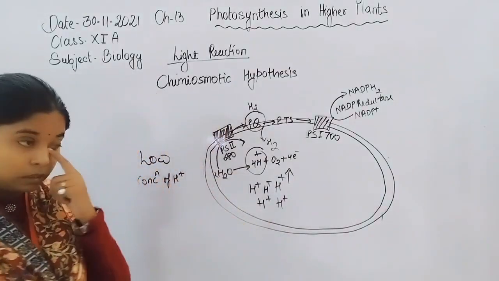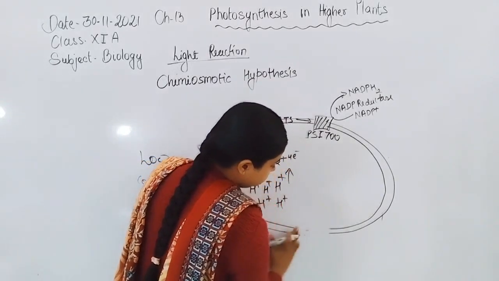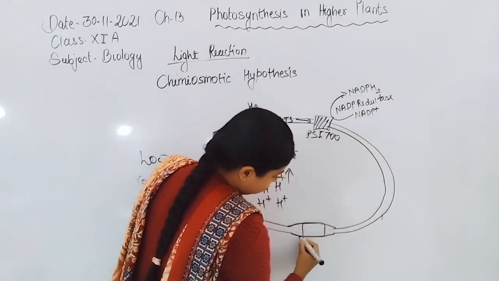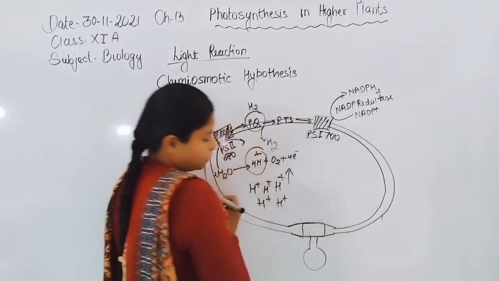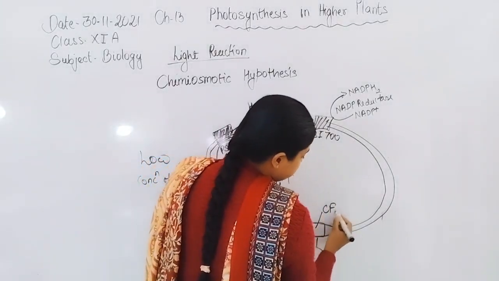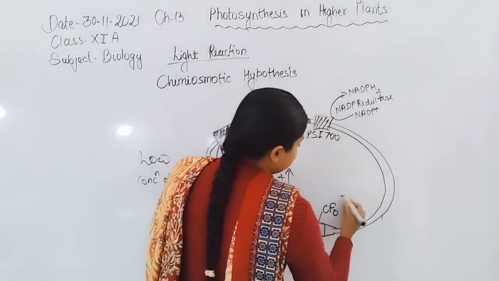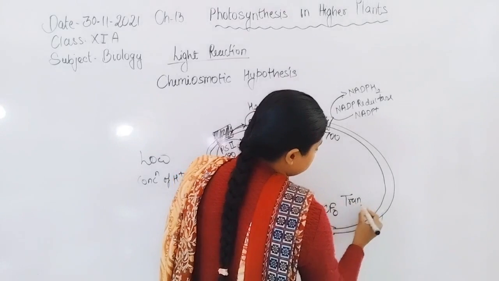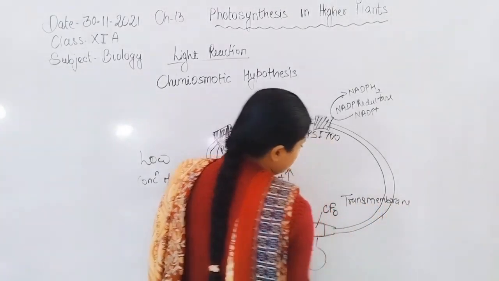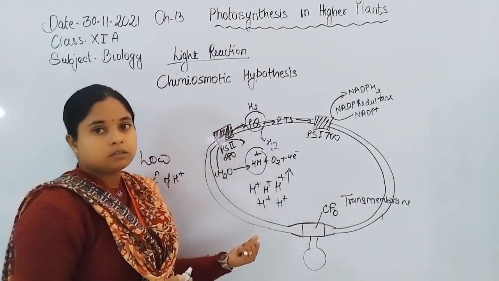Due to this reason, the F0F1 particle, which is present in the membrane, the F0 particle, is present as a transmembrane protein and forms a channel for facilitated diffusion.